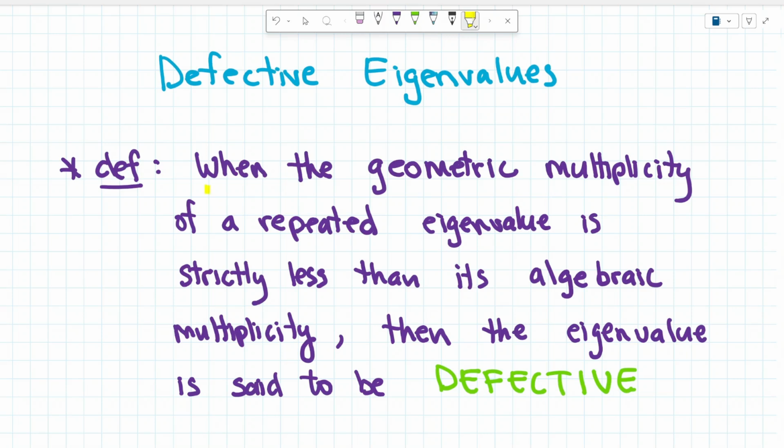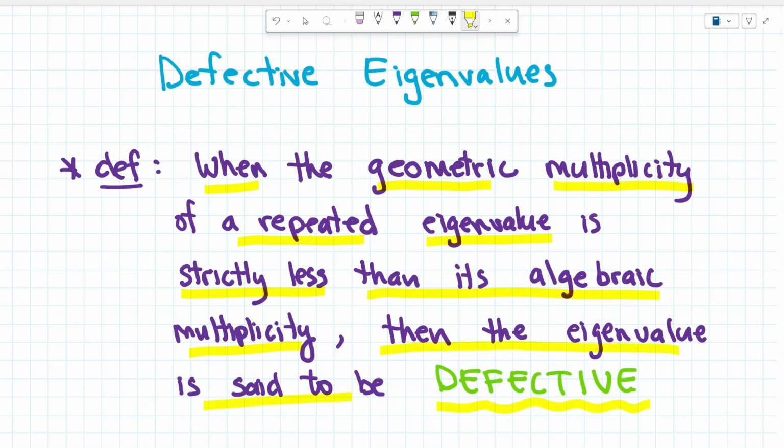When the geometric multiplicity of a repeated eigenvalue is strictly less, so not less than or equal to, but strictly less than its algebraic multiplicity, then the eigenvalue is said to be defective. The geometric multiplicity tells us the number of independent eigenvectors that are associated with an eigenvalue.